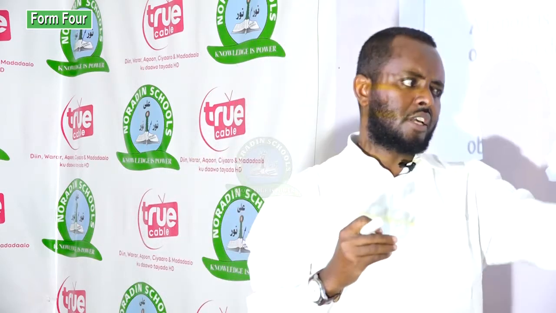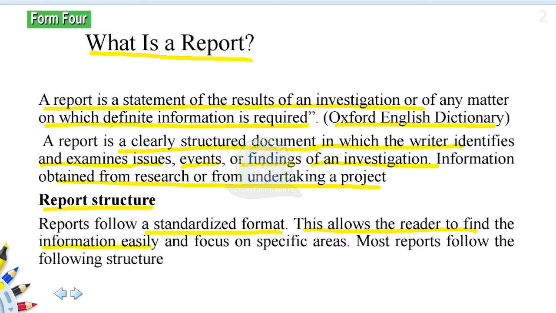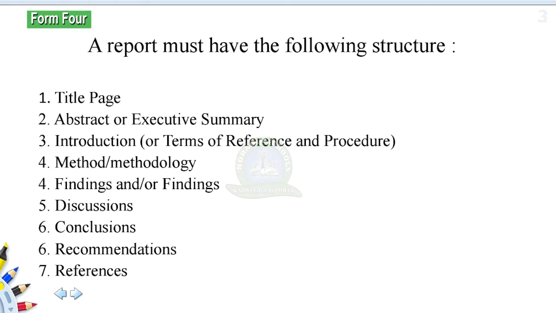This allows the reader to find the information easily and focus on specific areas. Most reports follow the following structure. So this is the structure of the report. If you have never seen one, a report must have the following structure.